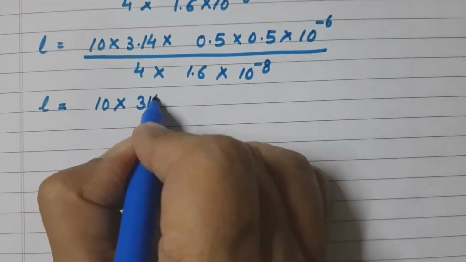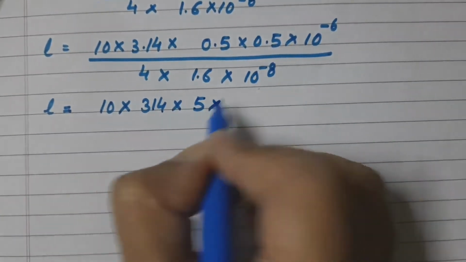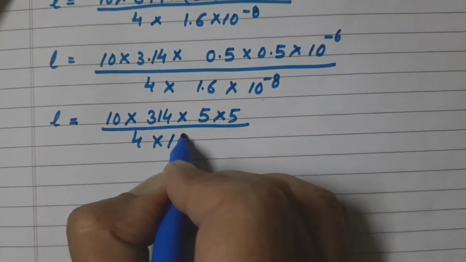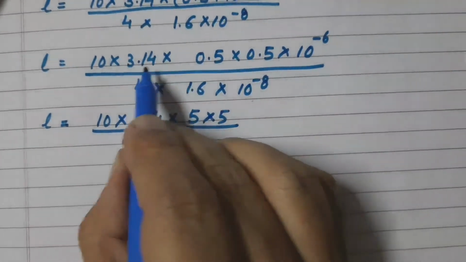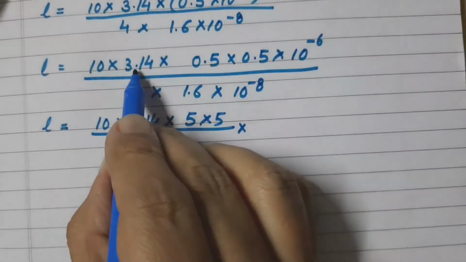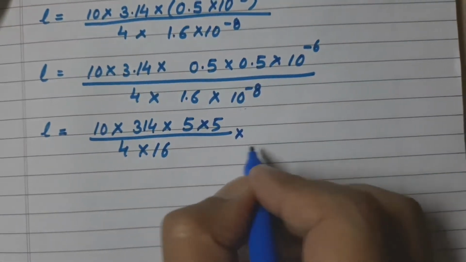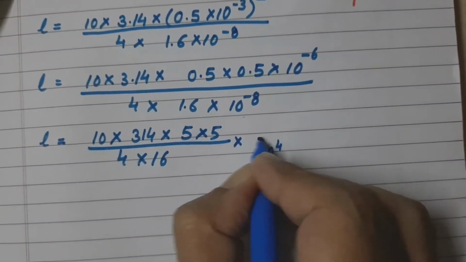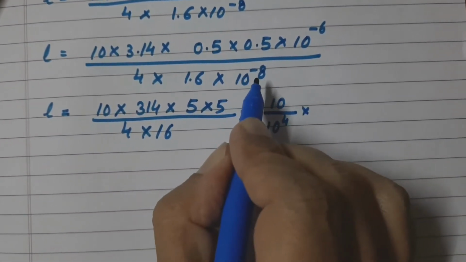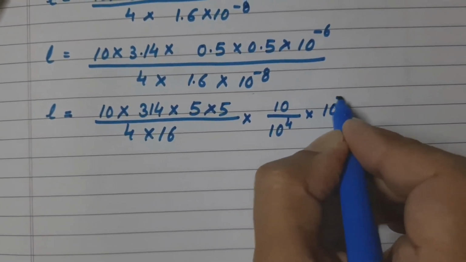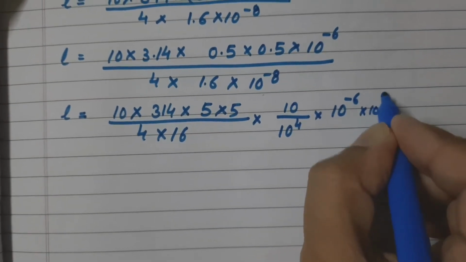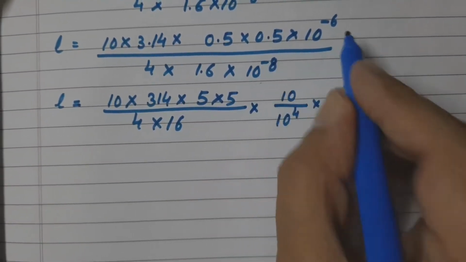It will become 10 multiply 314 into 5 multiply 5 upon 4 multiply 16. Now we will write the powers for the decimals: 10^4 for the denominator, and the rest is 10^-6, and it will become 10^8 when it goes upward.